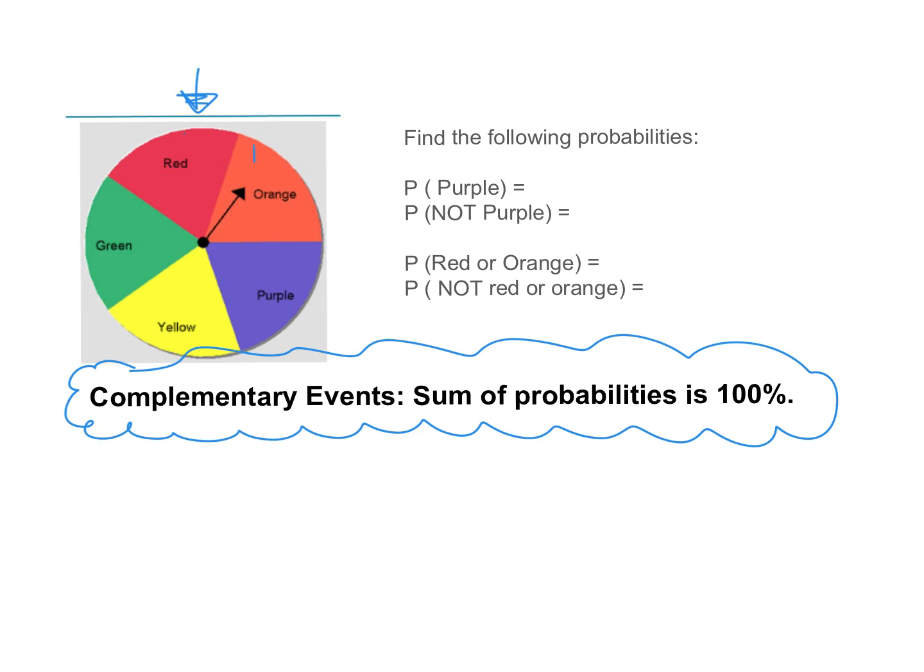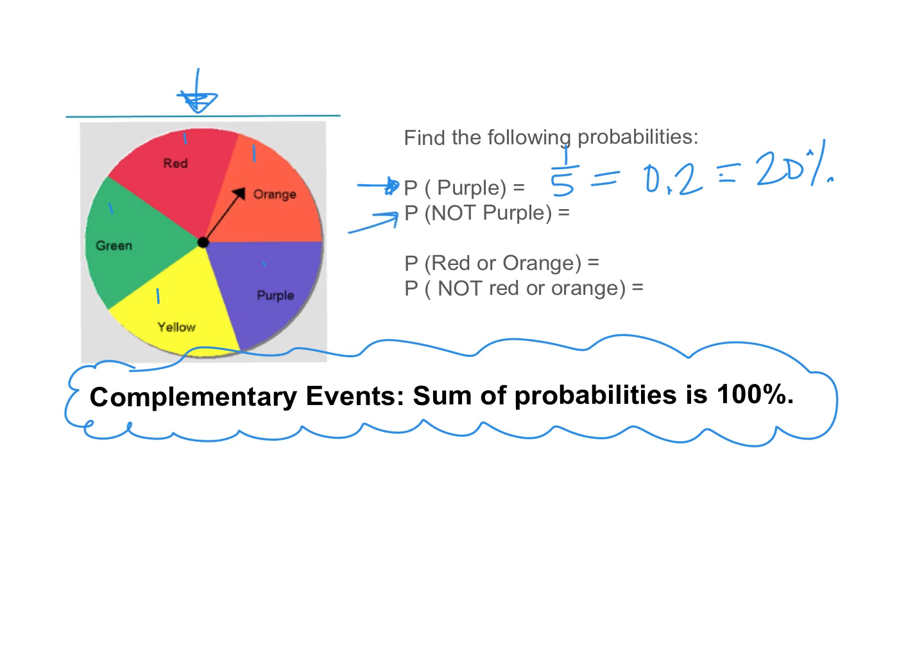I have 1, 2, 3, 4, 5 different equal spots on the spinner. So the probability of spinning a purple, there's 1 purple spot out of 5, so it's going to be 1/5. And 1/5 is the same as 0.2, which is 20%. So the probability of spinning a purple is 1/5 or 20%.